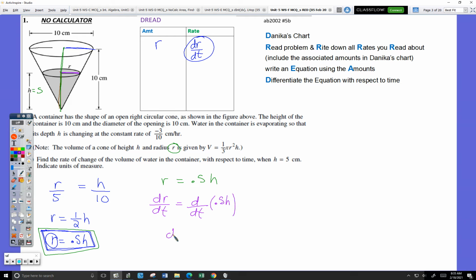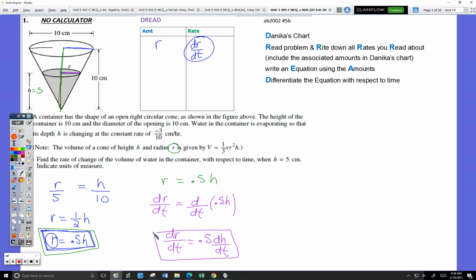Now I have dr/dt. 0.5 is a constant. I have found what I need for dr/dt.